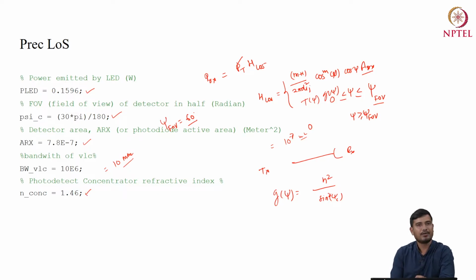So this is the practical value 1.46 we have taken for the photodetector concentrator. And then this is the gain of the lens. Generally we take this value 1.